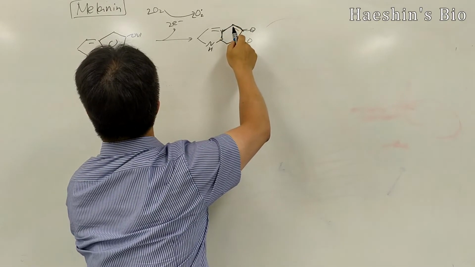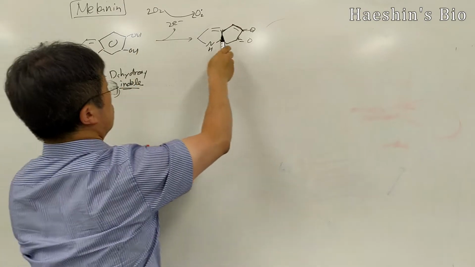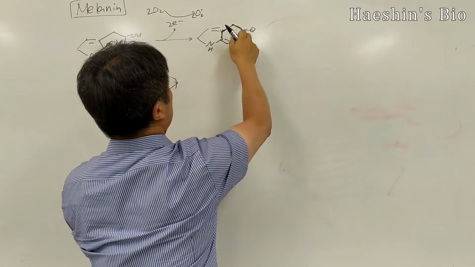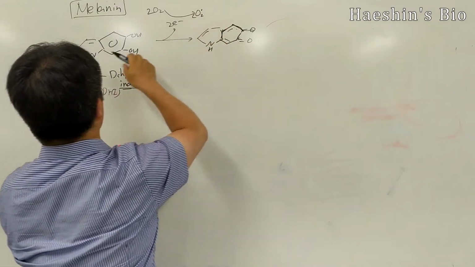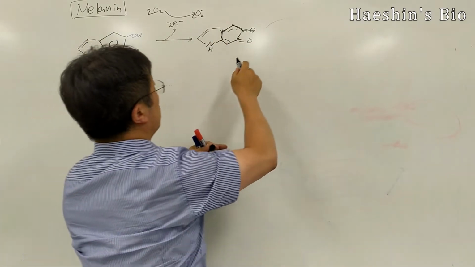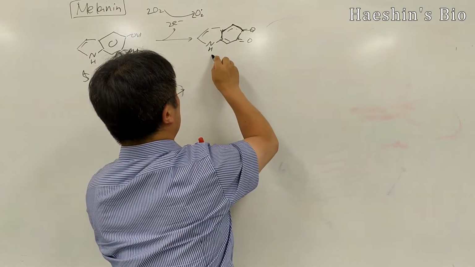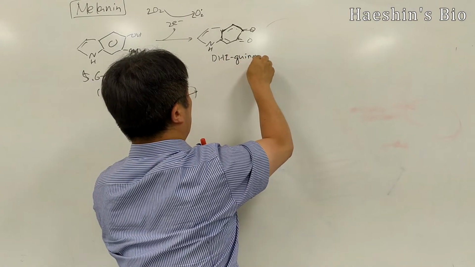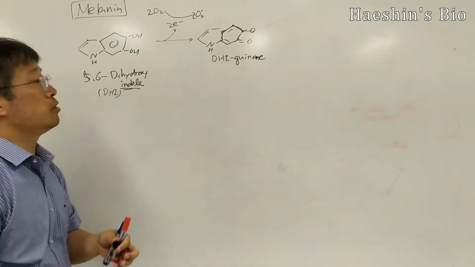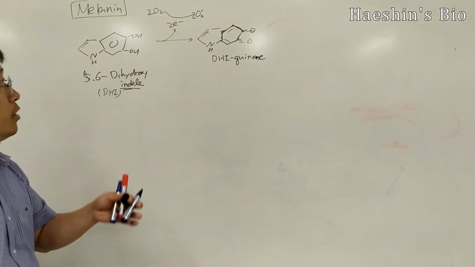Okay, so we have something strange in here. If I draw this, sorry, redraw this. Okay, so this is the dopamine, the DHI, quinone. So this is the quinone, and then they lose electrons.